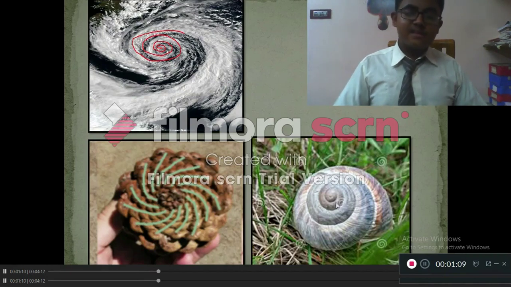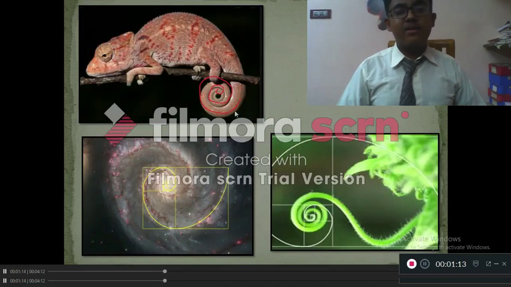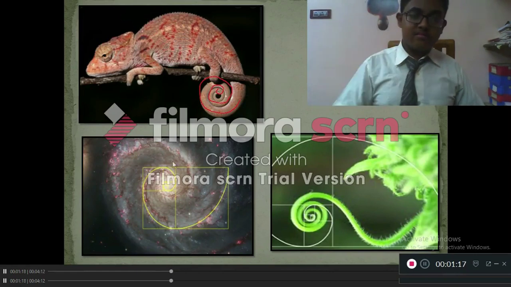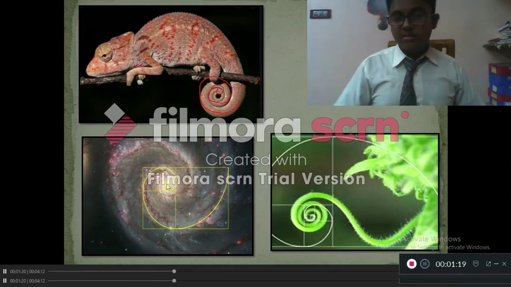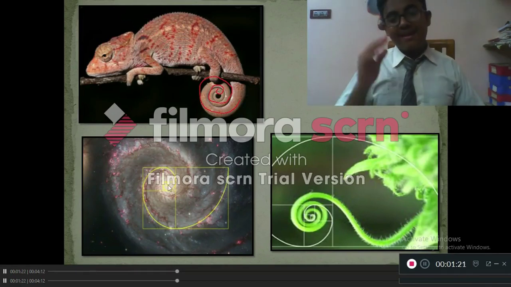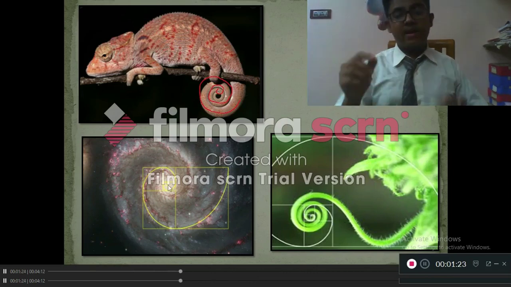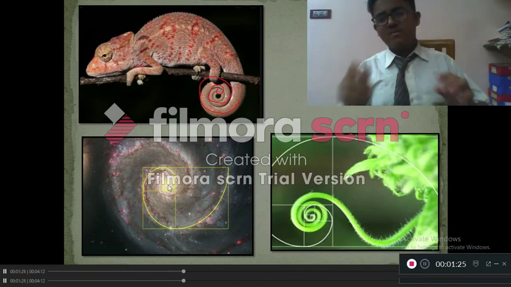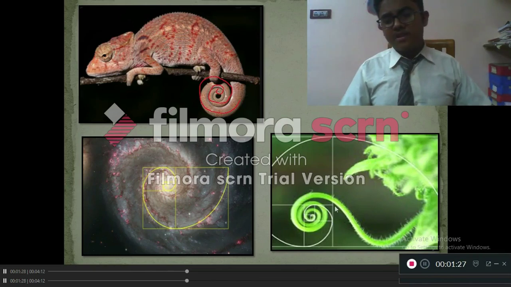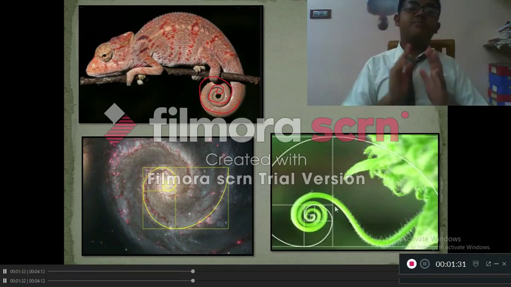The snail has similar spirals. Then the chameleon has a similar spiral. Then again this galaxy. The spiral galaxies have similar spiral structures. The tendrils have spirals, and all these spirals have something in common.